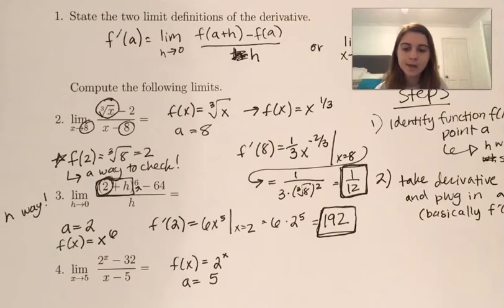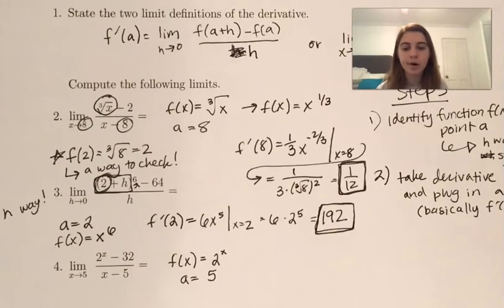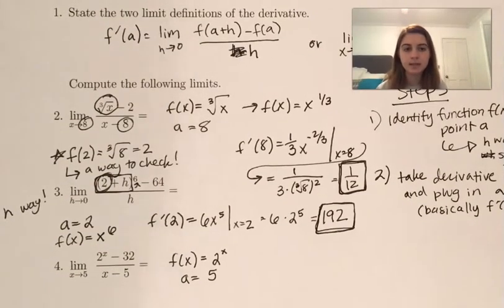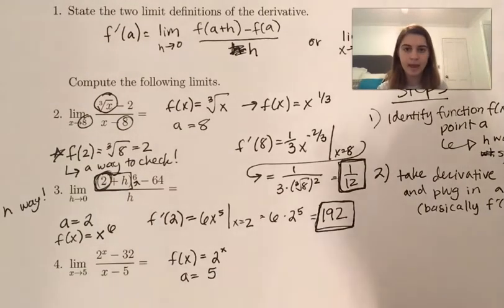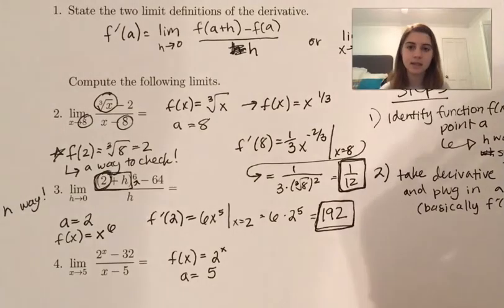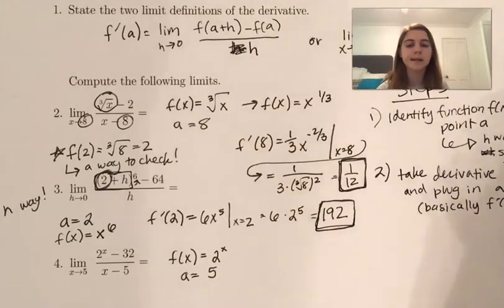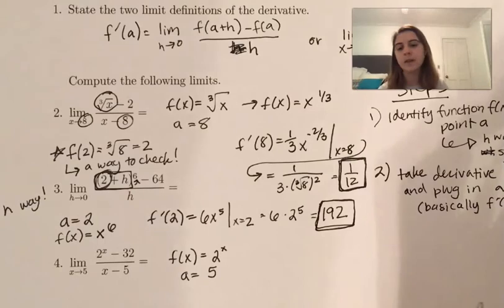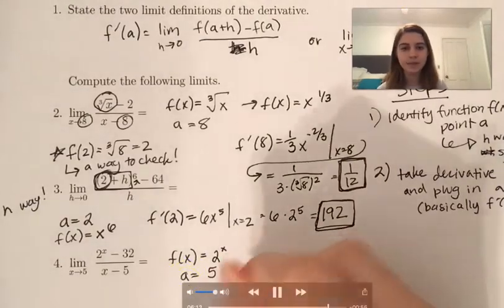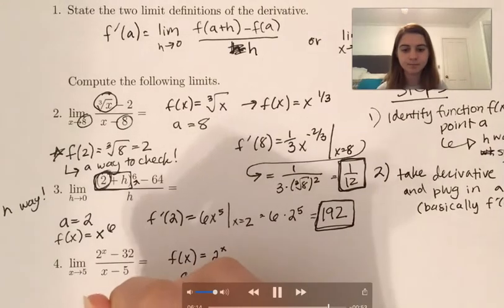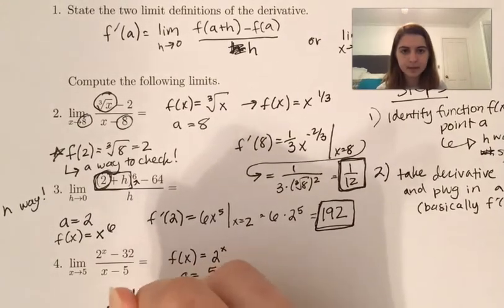There we go. Since our function is 2 to the x, that's an a to the x style. I know that's confusing with all the a's, but if you think back to the power rule video, we also included the a to the x rule, and that's not the same a as this a. That is a different a.